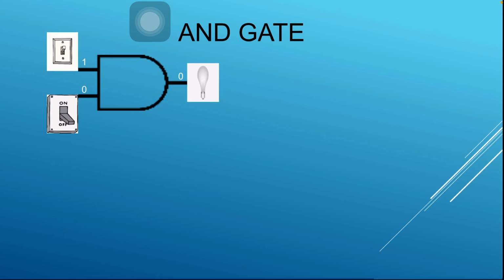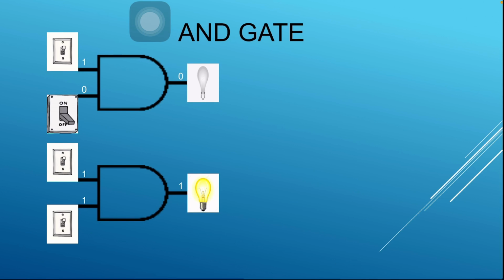Just like example number 3: if we put 1 in A and 0 in B, then the output will be 0. And lastly, it only gives a 1 output if we put 1 in both inputs A and B. That's how the AND gate works.